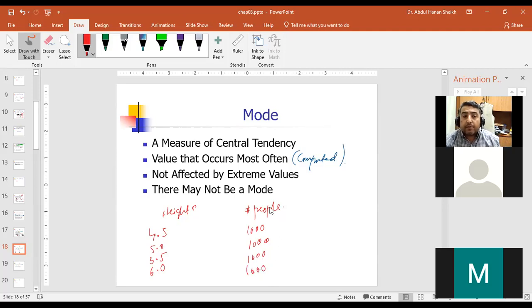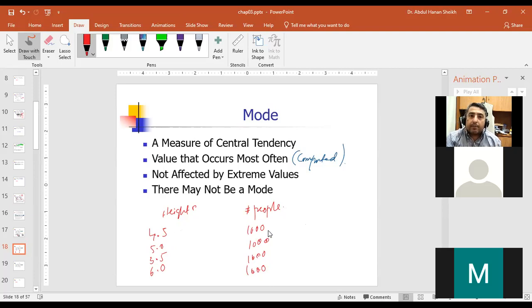So we have the same number of people, the same frequency, with different heights. So there is no frequently occurring value for any property, we have the same number everywhere. So there is no mode.